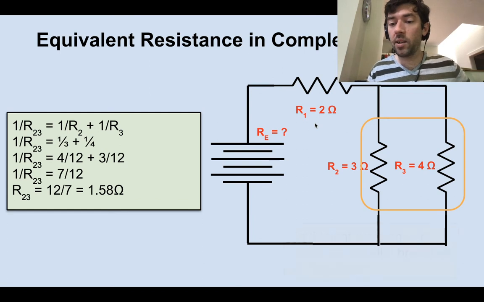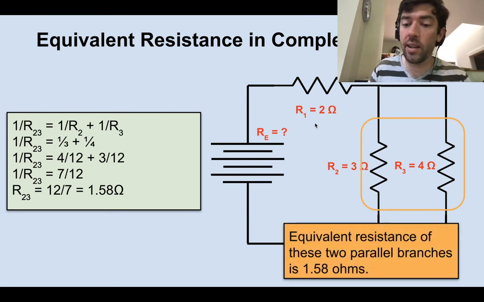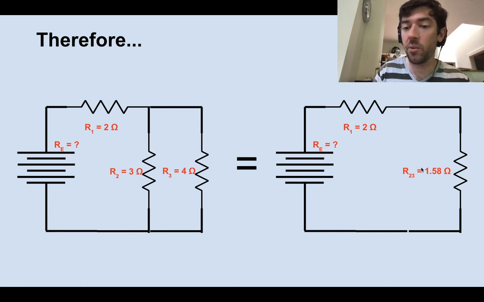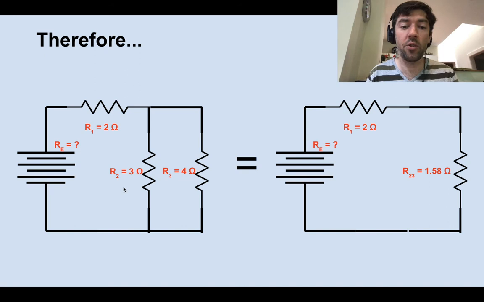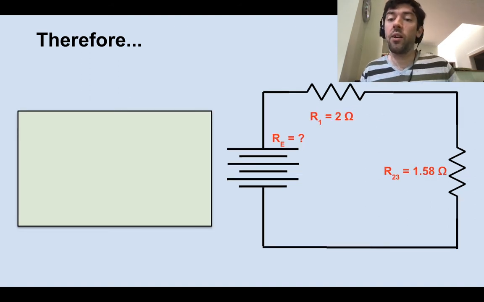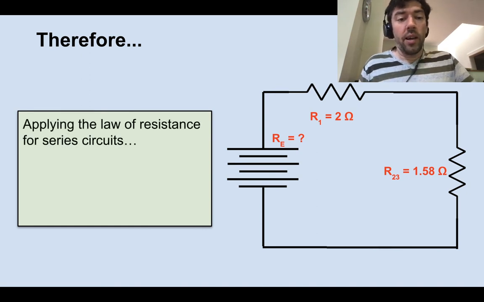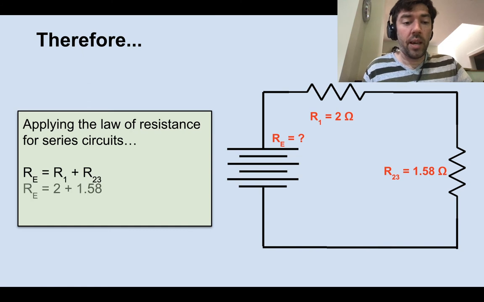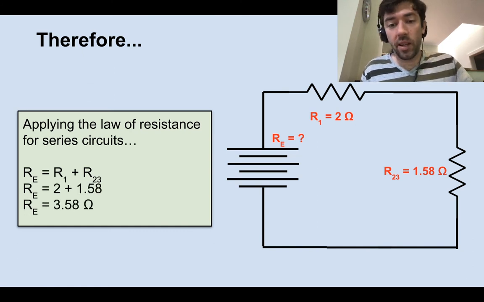Let me just pause here to redraw the circuit in a simpler way. So this original complex circuit is equivalent to this series circuit with two resistors, where I've replaced the two parallel branches with this one resistor of 1.58 ohms. But that's not simple enough. Let's make it simpler. So these two resistors are now in series with each other. And so applying the law of resistance for series circuits, you add them up and you get 3.58 ohms.